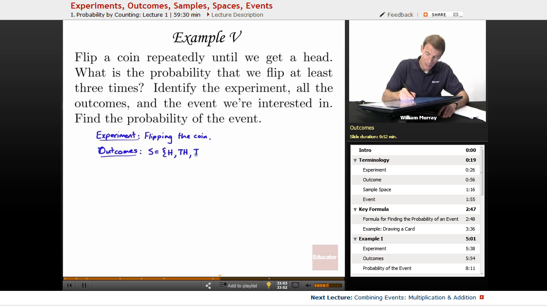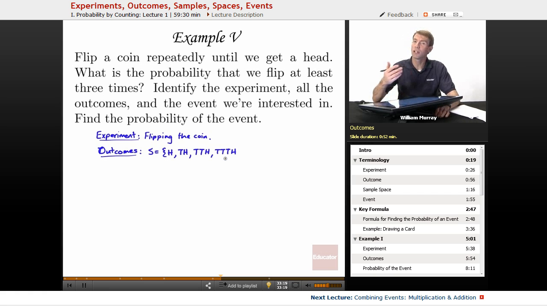Or we might get a tail and then another tail and then get a head, and then we would stop. We might get 3 tails and then get a head, and then we would stop. And we don't really know how long this is going to go. There's no ceiling on how long this is going to go. It could go forever. So I can't just list all of these outcomes because there's infinitely many. It could go on indefinitely.